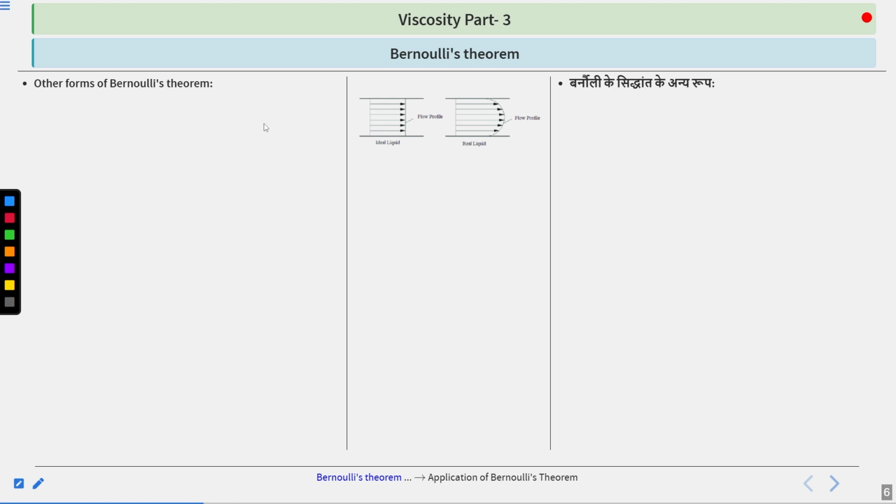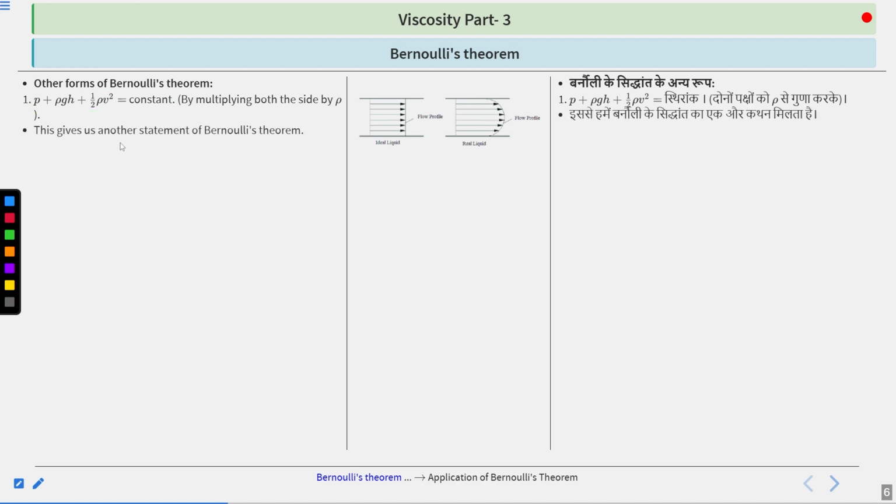Now, let's have a look at other forms of Bernoulli's theorem. What are the other forms? The first form is this, that you can see here. By multiplying both sides by rho, this gives us another statement of Bernoulli's theorem.